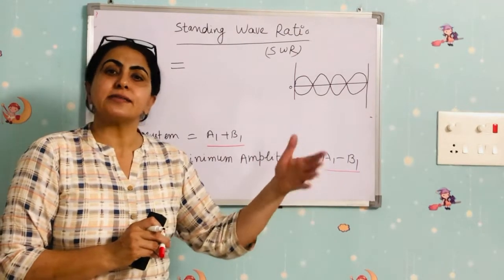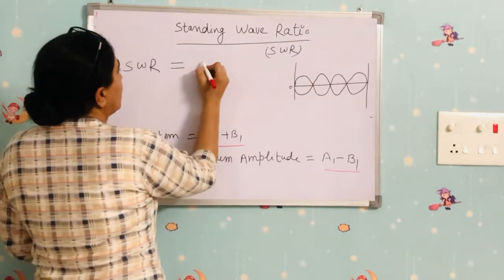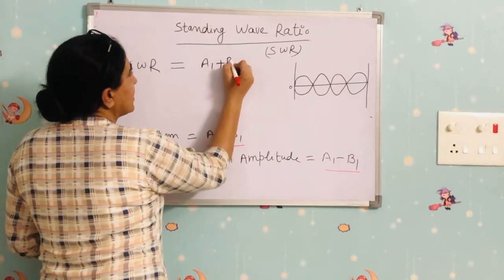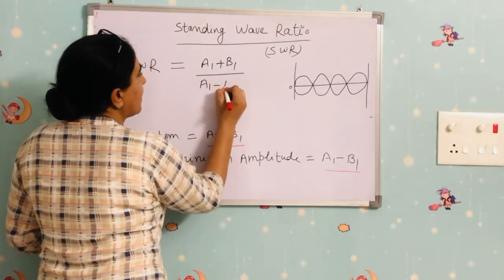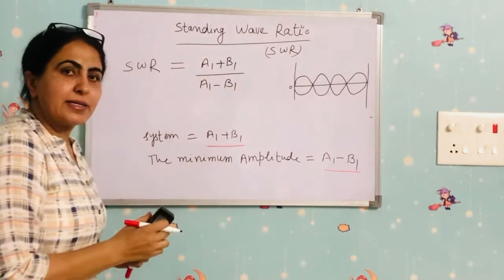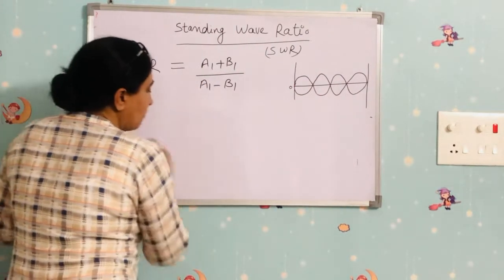So this will be equal to A1 plus B1, the maximum amplitude, over the minimum, that is A1 minus B1.